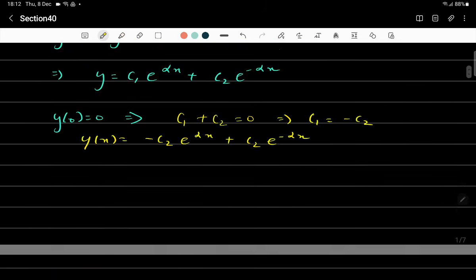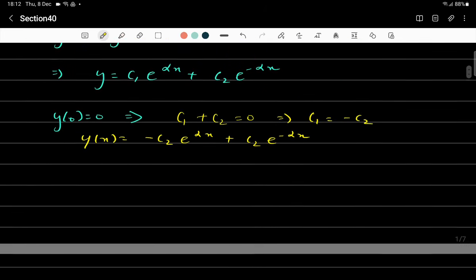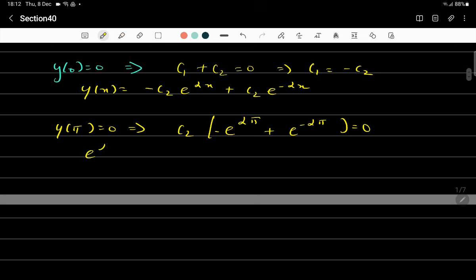Now the other condition which is given is y of pi equal to 0. That gives me c2 times e raised to the power alpha pi plus e raised to the power minus alpha pi equal to 0. Now clearly e raised to the power alpha pi plus e raised to minus alpha pi is non-zero, since exponential functions are always non-zero.